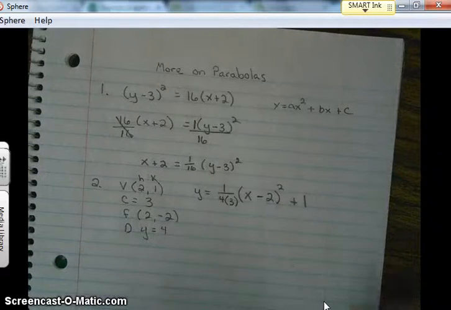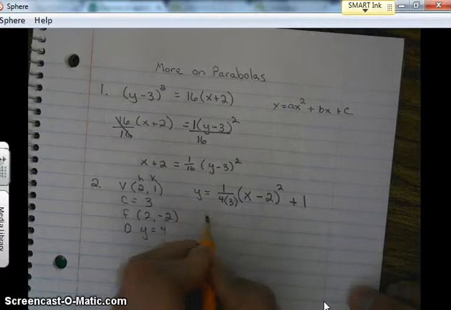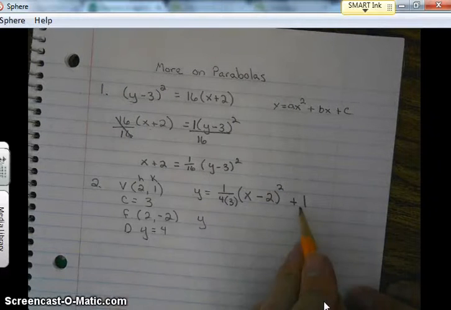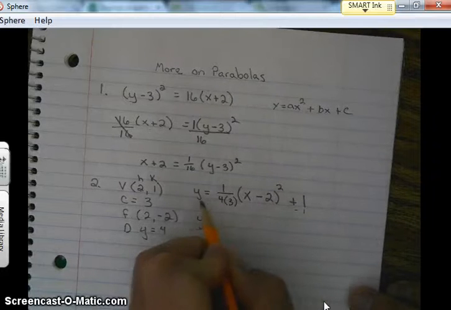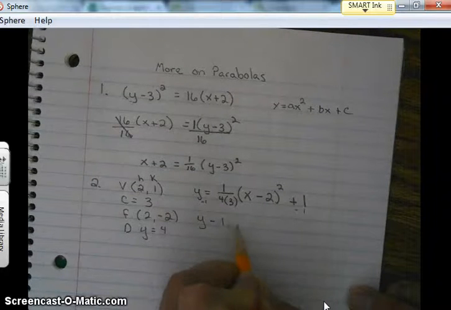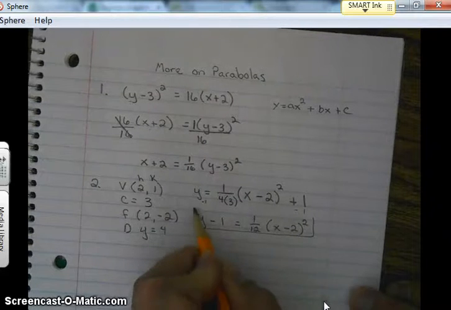I'm using vertex form. So we get y, and if I move the plus 1 to the other side, I would subtract it from both sides. So y minus 1 equals 1 over 12 times x minus 2 squared. And that would be what they call standard form.